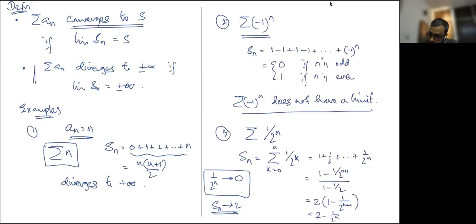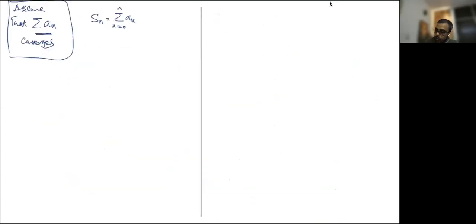In this case also it has a limit, but we don't say that it converges to plus infinity or converges to minus infinity. We'll say that it diverges to plus infinity or diverges to minus infinity. So here we are in the first case in the definition. So this Sn converges to some real.